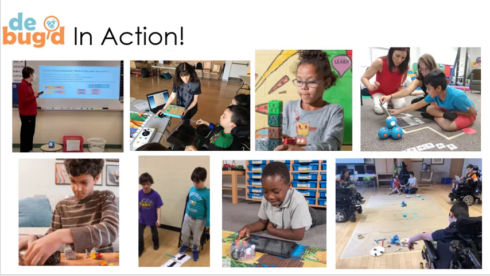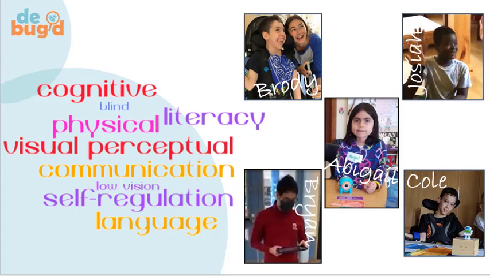All of our Debugged coding kits were developed through co-design in general and special education classes, as well as summer camps. We worked with students in early elementary through high school. The students that we've engaged with throughout this process have had a range of challenges.